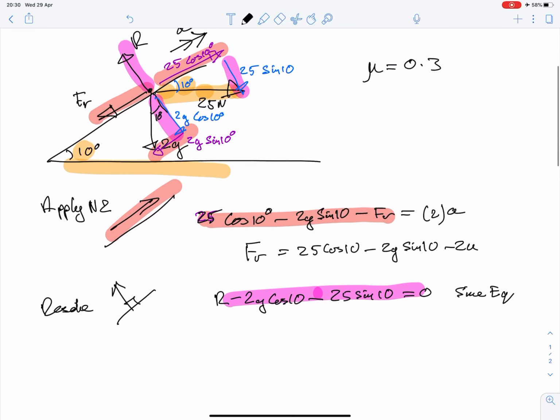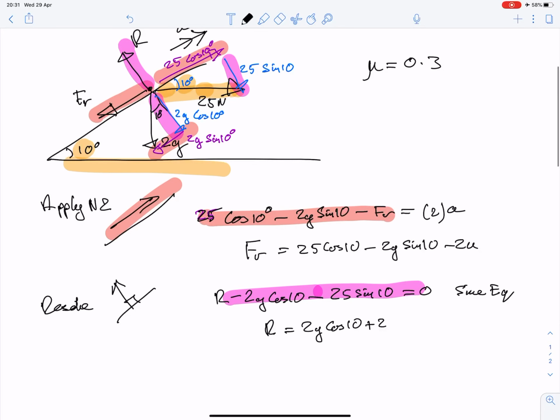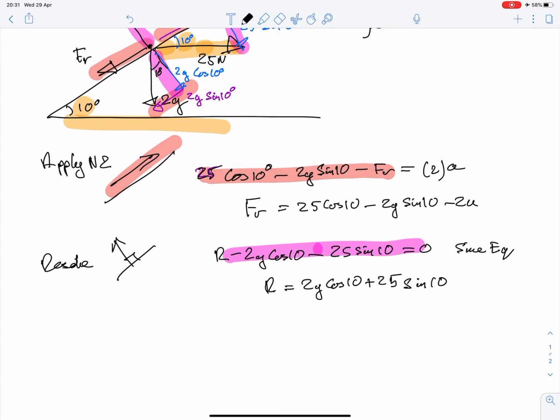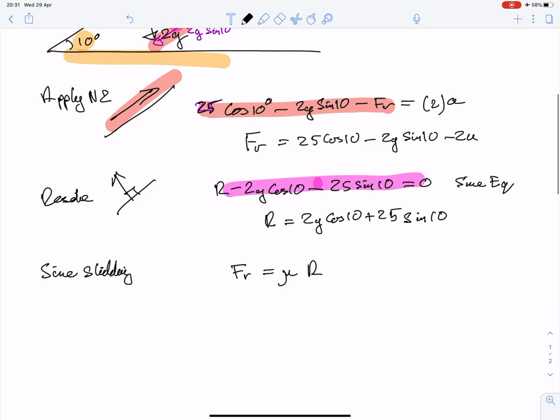Okay. Now, just like above, we made friction the subject, so let's make R the subject here. So R is equal to 2g cos of 10, adding it across, plus, oh, not 2, that's 25 sine of 10. Okay, since sliding, friction is equal to mu R, and we can now substitute from above.